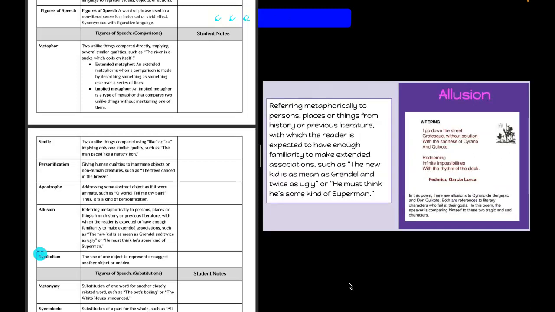Allusion is referring metaphorically to persons, places, or things from history or previous literature with which the reader is expected to have enough familiarity to make extended associations, such as, the new kid is as mean as Grendel and twice as ugly, or he must think he's some kind of Superman. So the allusion is a reference made to Grendel and to Superman in these examples.